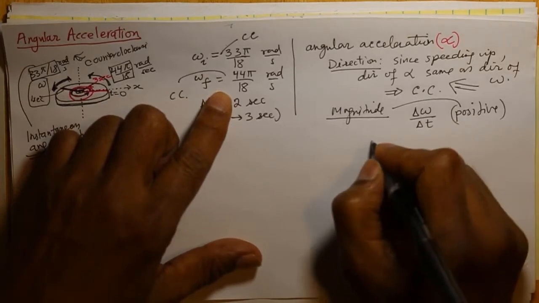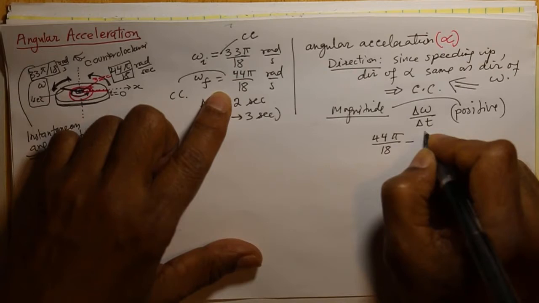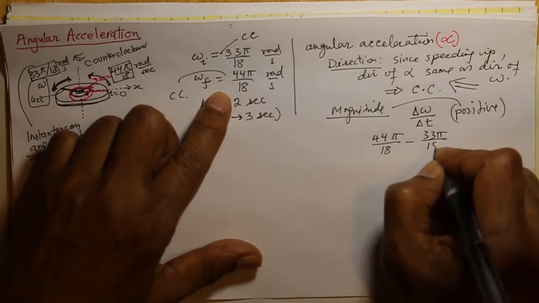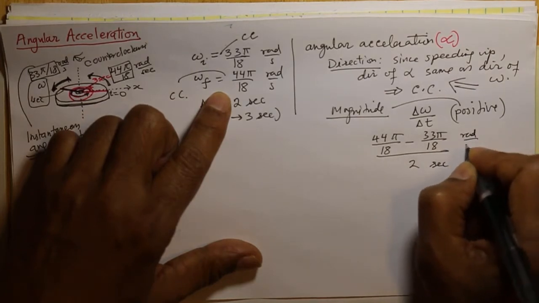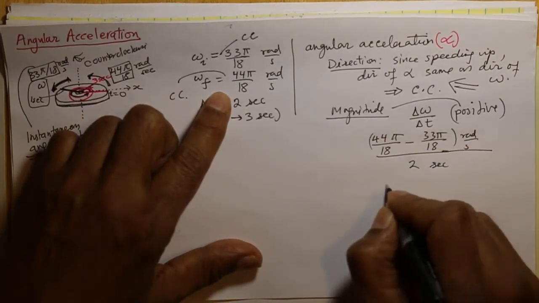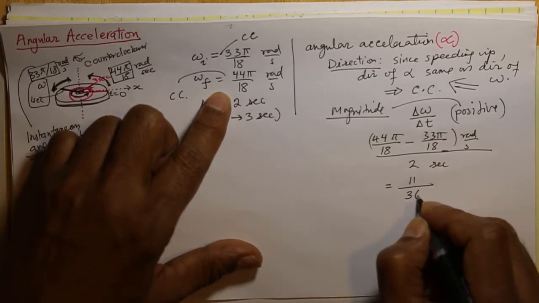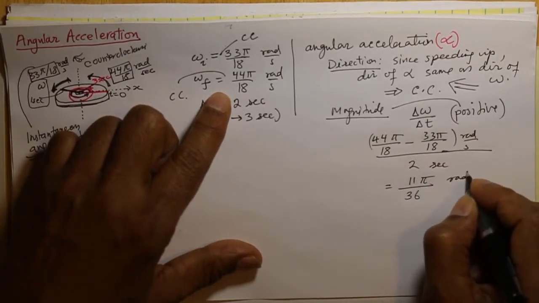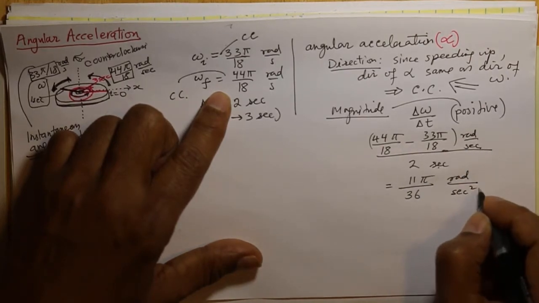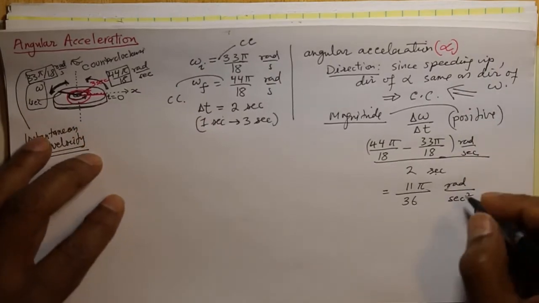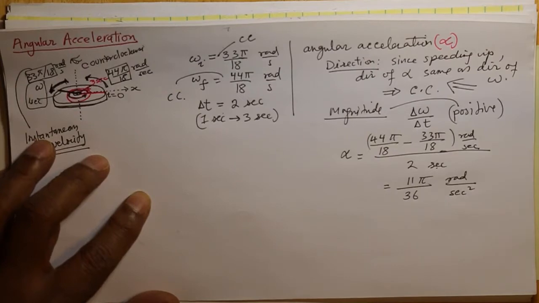So here it is, 44 pi over 18 minus 33 pi over 18, over 2 seconds, and this is in radian per second. So you can see the difference is 11 pi over 18 radian. And now you have a second, and second times second makes second squared. So instead of meter per second squared, it is radian per second squared. And so this is alpha in terms of magnitude.